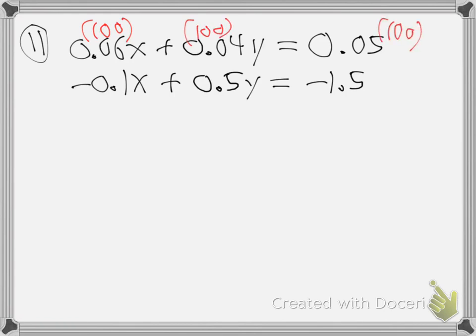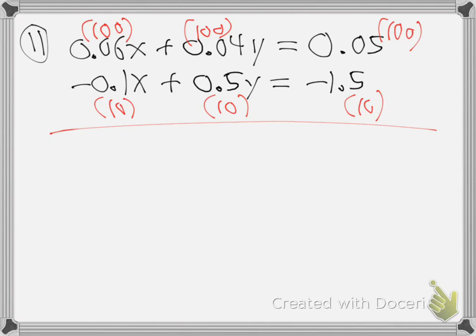The bottom equation, the decimals only need to move 1 place, so I'm going to just multiply through by 10. A 10 moves all the decimals 1 place. You tracking with me? Whatever decimal you need to move the most, that's how many zeros you need to use. 2 zeros, move it 2 places.